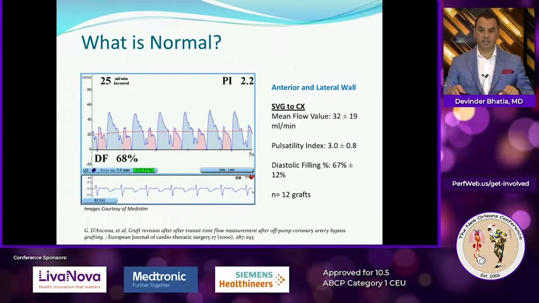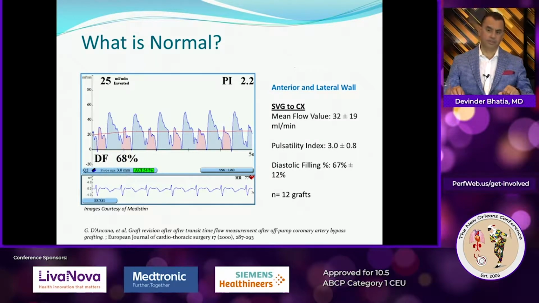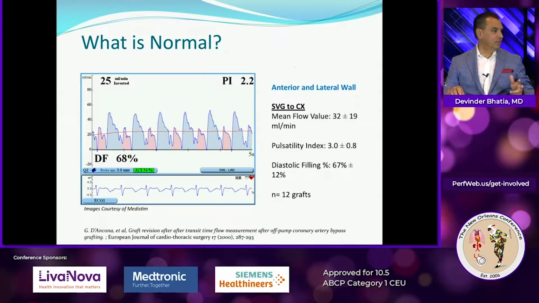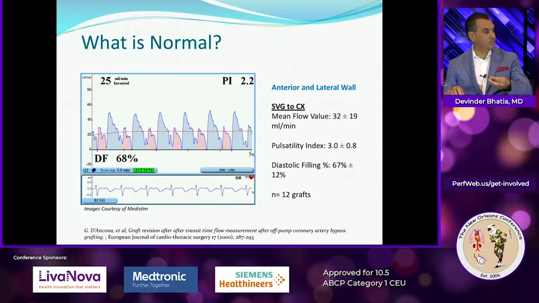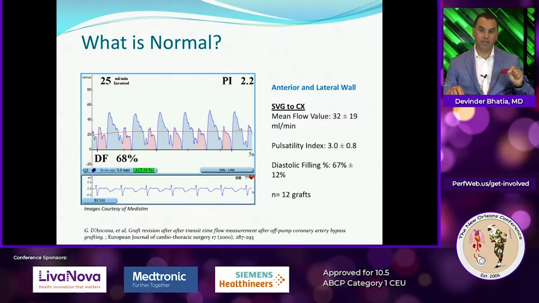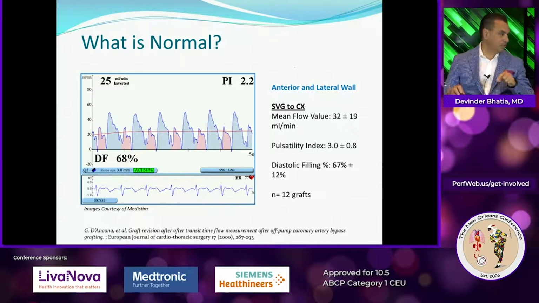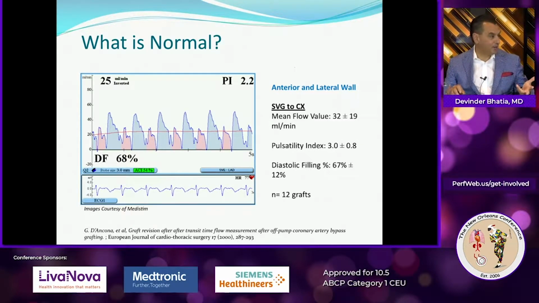I'll say that you see flow values of 32. I've seen them as high as 100 before. So you can see really high flow bypass grafts with low pulsatility index and no evidence of competitive flow, which we can talk a little bit about as well. So there's nothing wrong if you see one that's higher. That is my point.